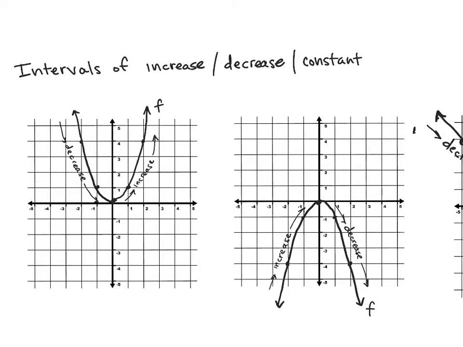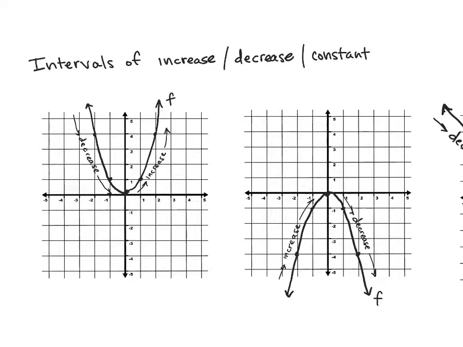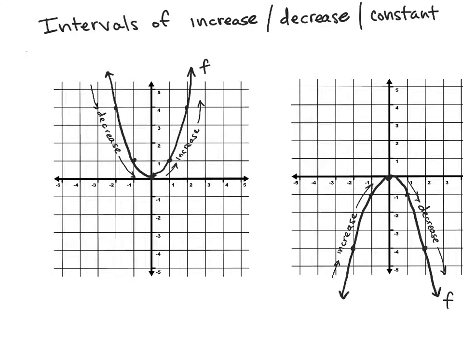Okay, our next learning target, intervals on which a function is increasing, decreasing, or constant. So when we talk about where a function is increasing or decreasing, we're talking about where the y values are increasing or decreasing. So I've labeled a picture here.